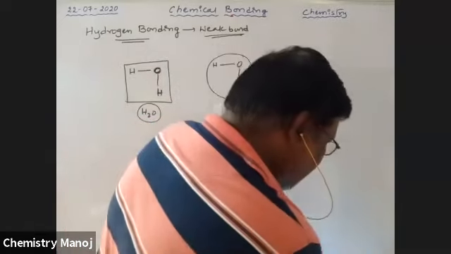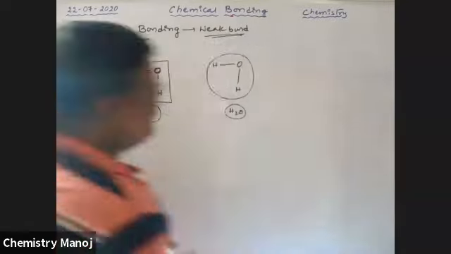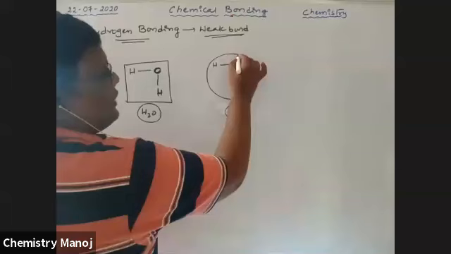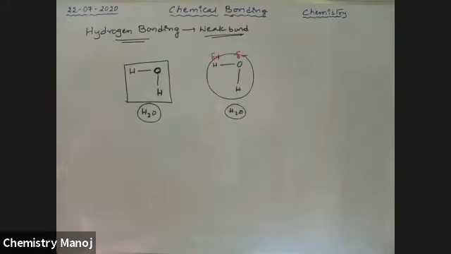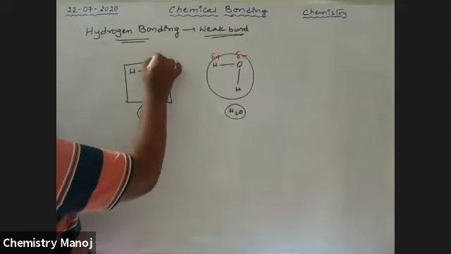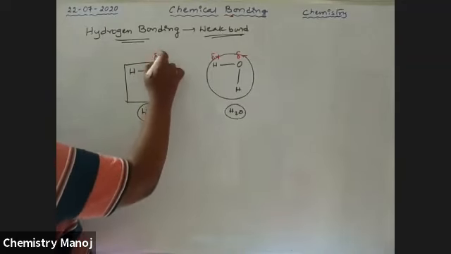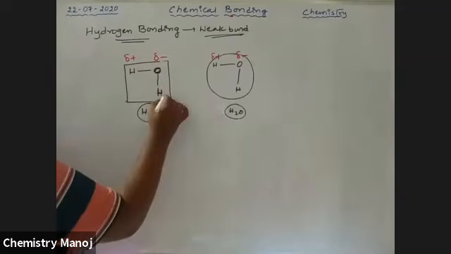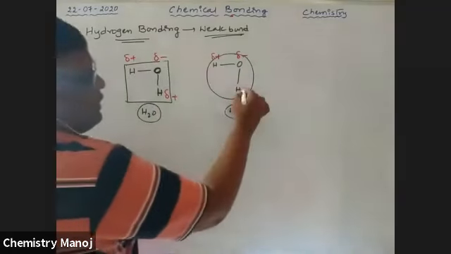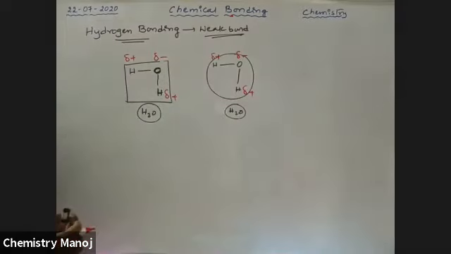Because of the electronegativity difference, this oxygen gets a partial negative charge and this hydrogen gets a partial positive charge. Similarly here, this oxygen gets a partial negative charge and these hydrogens get partial positive charge. This is due to polarity. Those bonds are polar bonds.